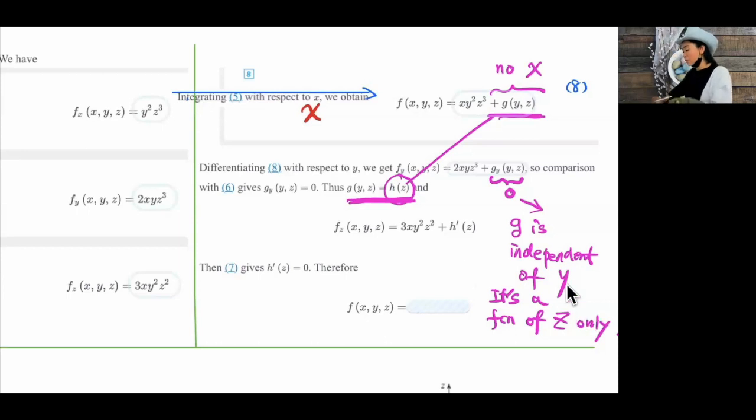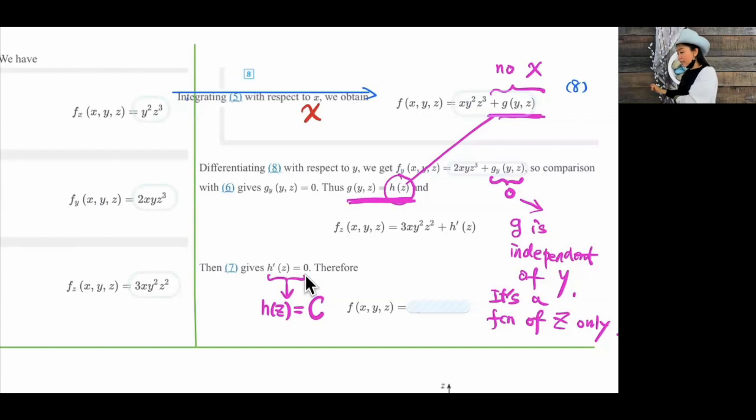It's a function of one single variable, so it is going to be a constant function. When the derivative of a function of a single variable equals 0, then it is a constant function. So that means h of z here is equal to a constant. Let's call that c or k.